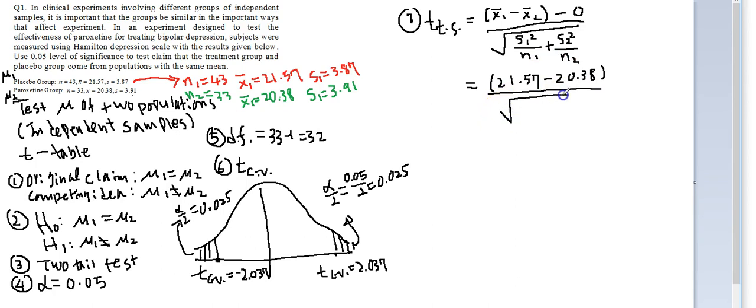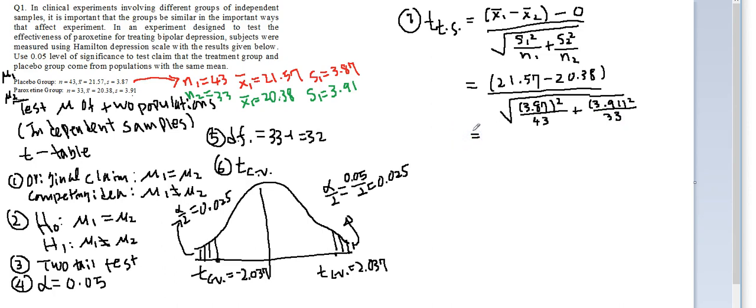Remember S1 is 3.87, squared, and divided by N1, which is 43, plus S2, which is 3.91, squared divided by N2, which is 33. Okay, so let's find out what we have here.